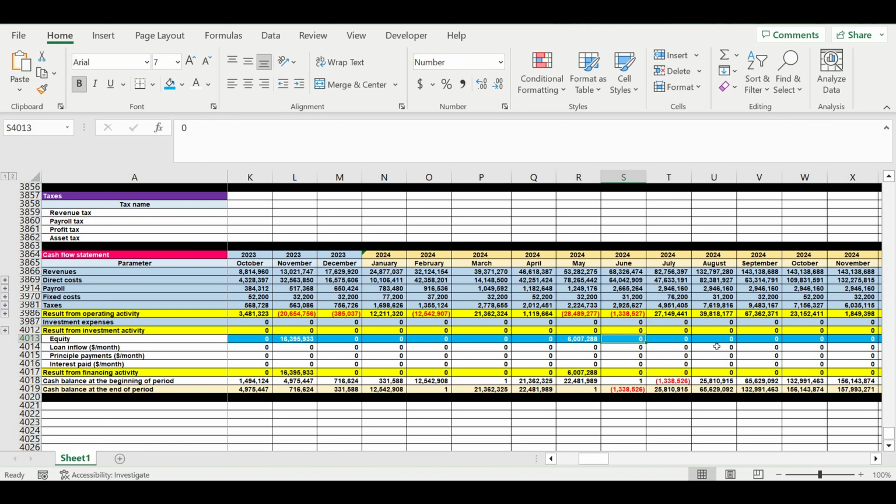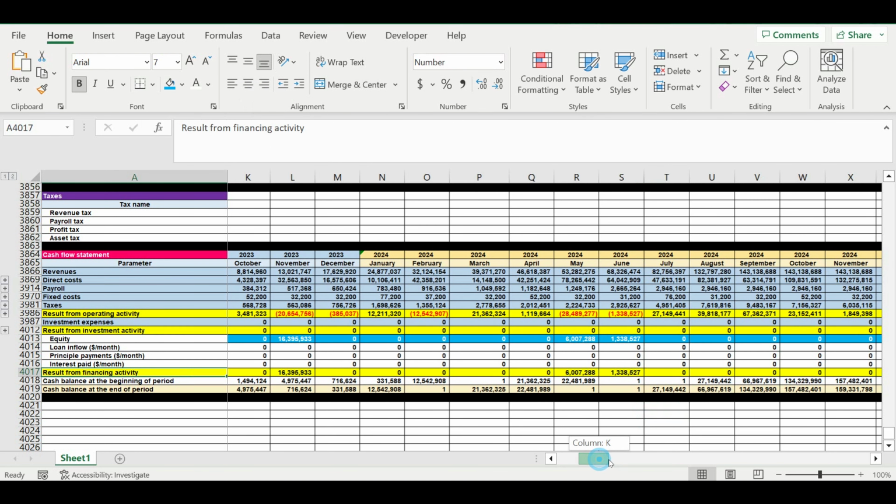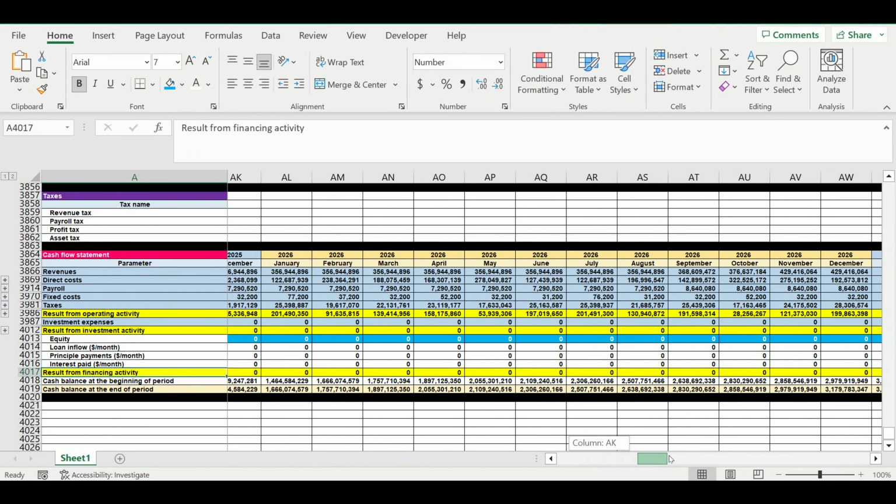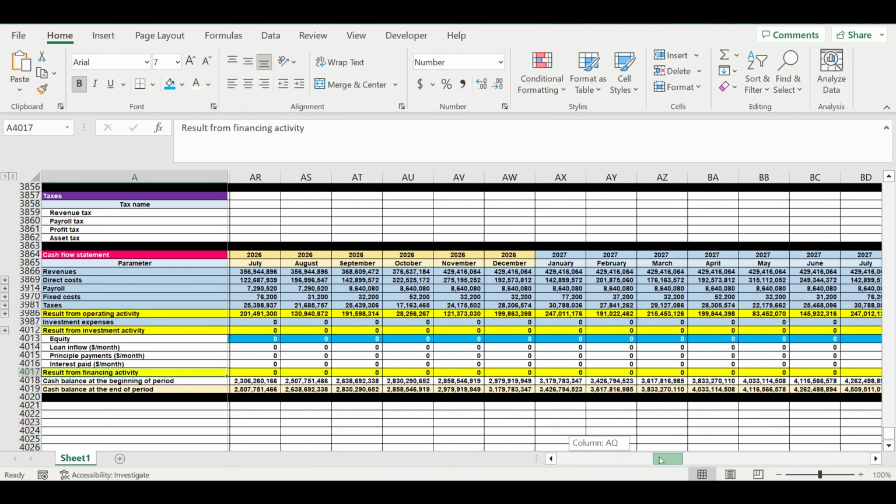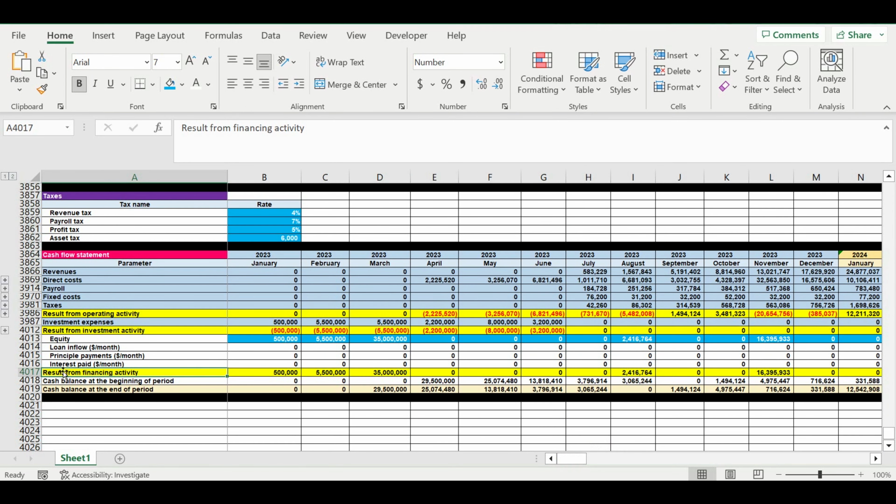And the last portion of financing. So now we first of all need to look at the timeline of our project and see if there are any red values in cash balance at the end of the period.